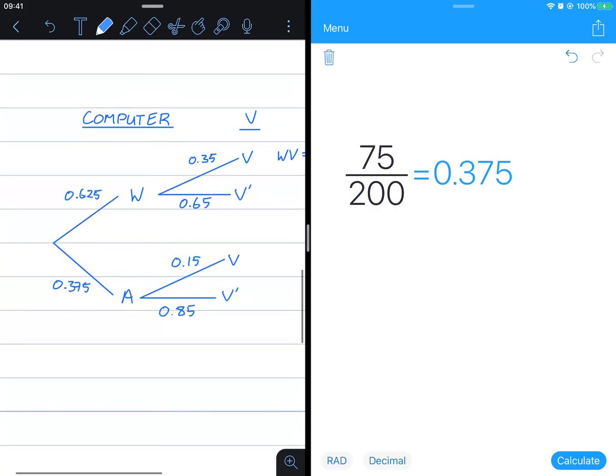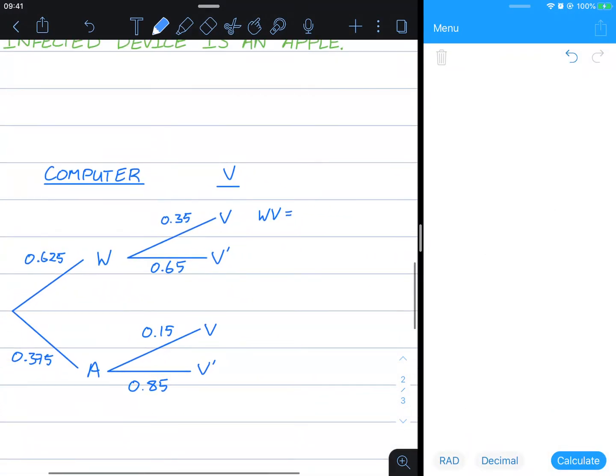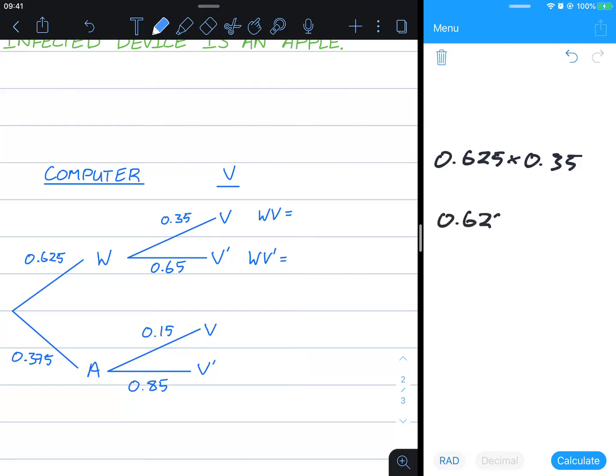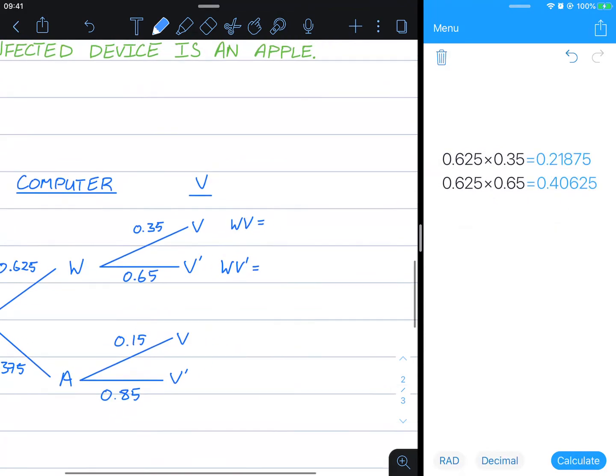It'll be a lot easier to work all in decimals. So Windows with a virus is 0.625 times 0.35. That's this branch here. Windows without the virus is 0.625 times 0.65. Let's do these two first.